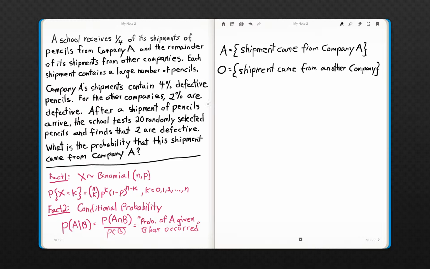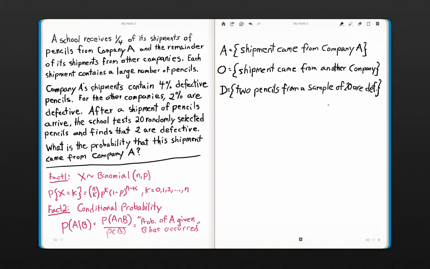We need to have one more event defined, and we'll designate that as D. Here, D is 2 pencils from a sample of 20 are defective. Now we're set up to solve our problem, since we've defined our events.